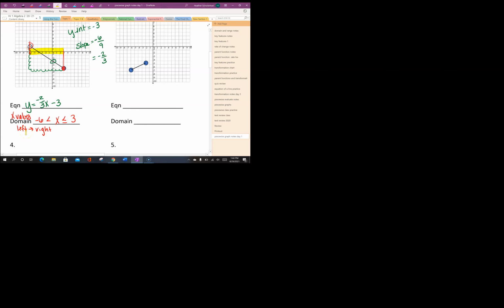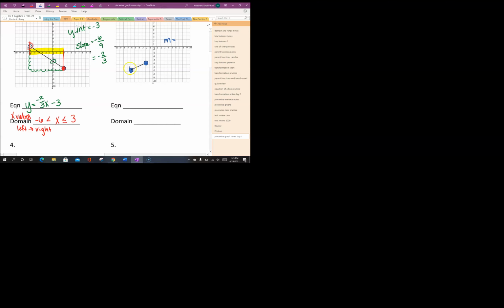Okay, let's try this again for the second one. So for the second one, we want to write the equation. We don't have the y-intercept just yet, but we can figure this out. We can find the slope. Well, this is confusing the way it's drawn. Okay, we're going to call this point over here -6, -7, and this one -2, -5.